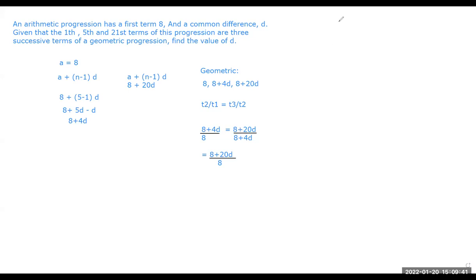How do you solve the equation now? How did you just get that it's equal to 8 plus 20d over 8? That's not true. Where did you get the next equal from down there? Cancel these two. You can't cancel in an equation. You can't cancel when it's an equal. We cancel when it's a multiplying sign.